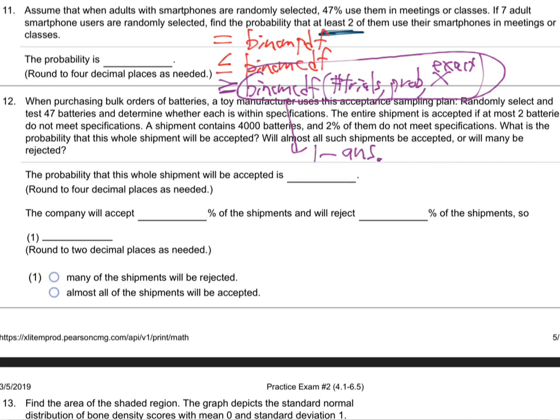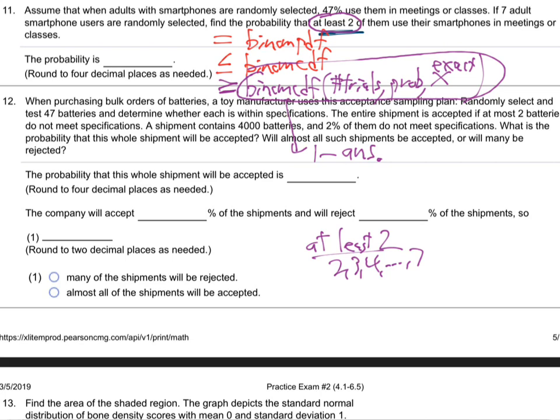They're saying at least 2. You're talking to 7 people, and you want at least 2 of them to whatever. So what does that mean? At least 2 means 2 or 3 or 4 all the way up to 7, right? At least 2 means 2 or more.